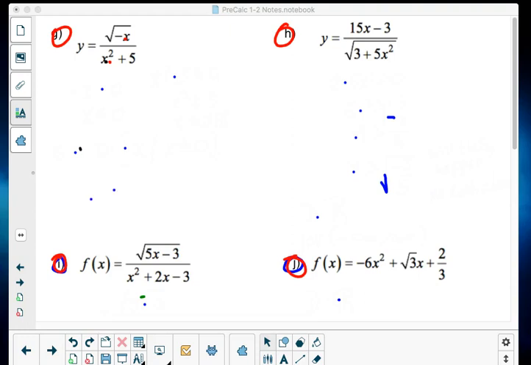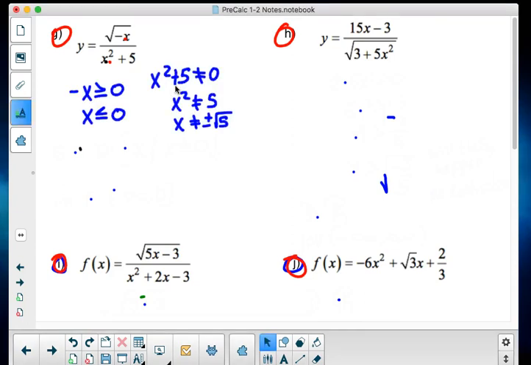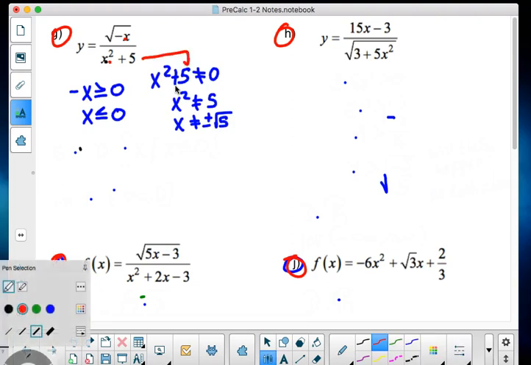So when we're looking at this in G, you have to keep in mind the things that are going to govern your restrictions. First of all, you're all used to having the stuff in the denominator governing your restrictions. But if you look at this, x squared plus 5 can't be 0. I know that.